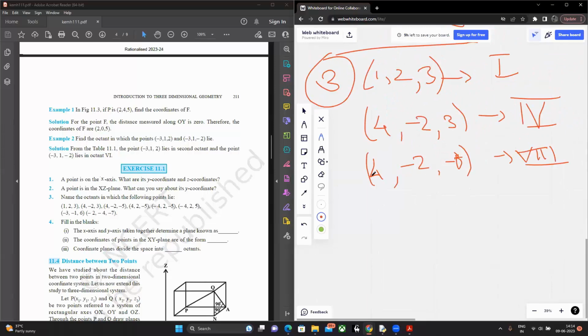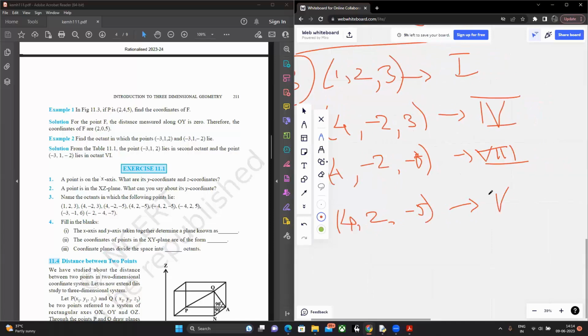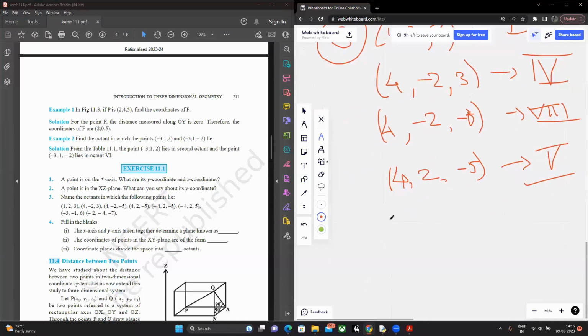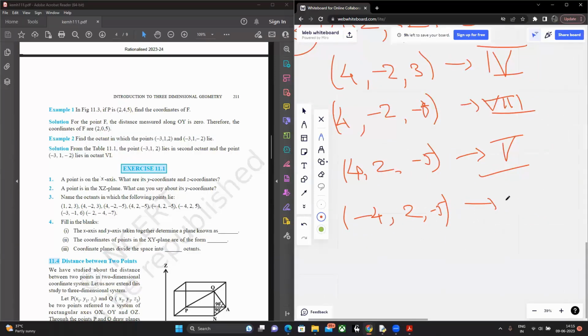Then you have minus 4, minus 2, minus 5. That is going to lie in the fifth octant. Next is minus 4, 2, minus 5. This XY pair is quadrant 2, and since this is minus Z, it is going to be octant 6.